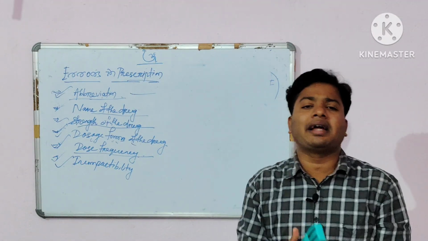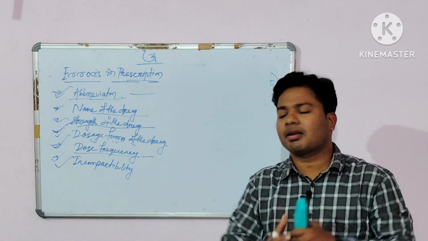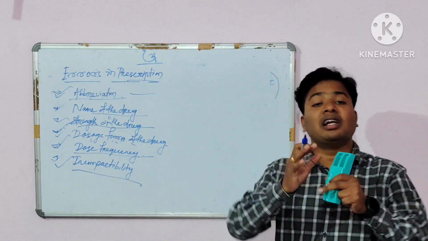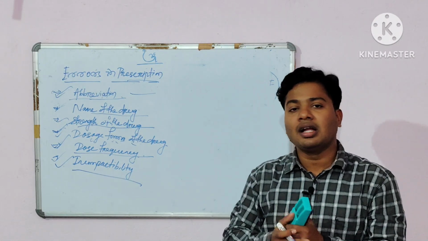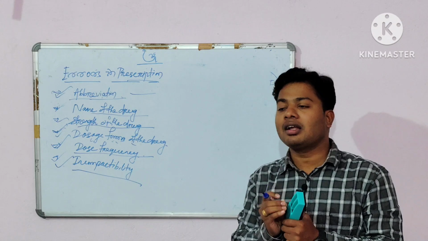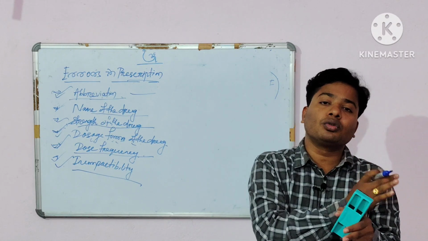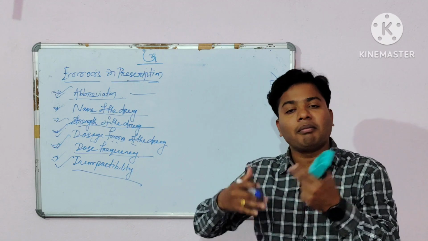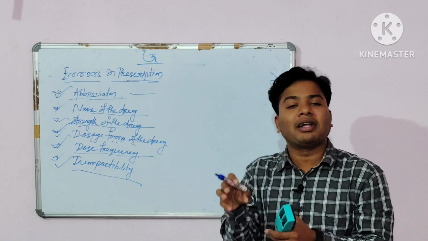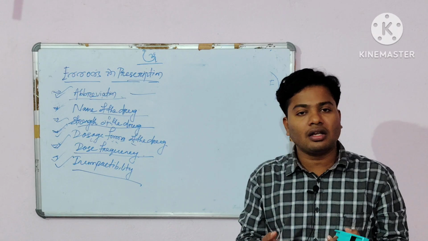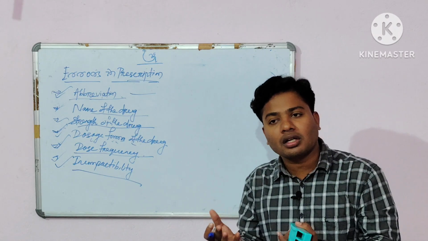So, what do you mean by incompatibility? Incompatibility means what? Before prescribing the medicine to the particular patient, the first role of the physician is to ask the patient whether previously, in your history, you have any other disease apart from the one for which you came, any other disease or problem in your body, or whether you are taking any other medicine.